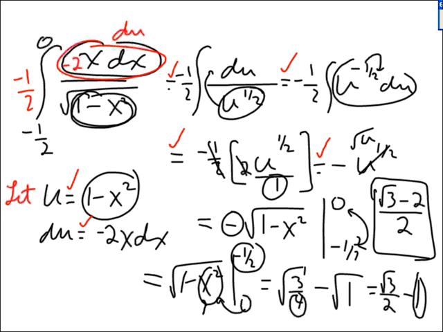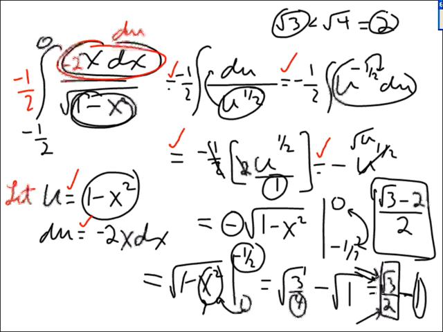How do I know this is negative? Well, if this number is more than 1, then when you take away 1, you'll be positive. If it's less than 1 and you take away 1, it's negative. The bottom is 2. The top is less than 2. The square root of 3 is less than the square root of 4, which is 2.